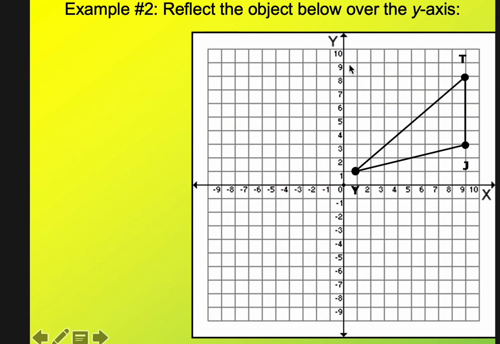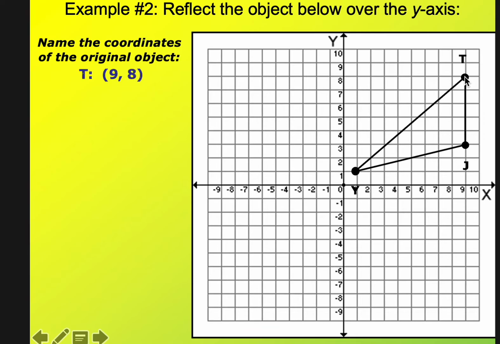Okay, let's reflect an image over the y-axis now. Okay, so T here is 9, 8. J, 9, 3. And then Y, 1, 1. Okay, reflect it over the y.